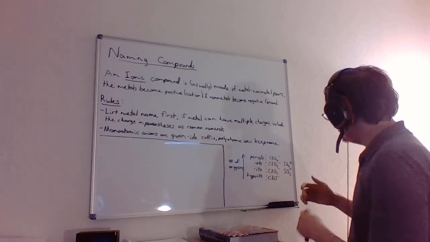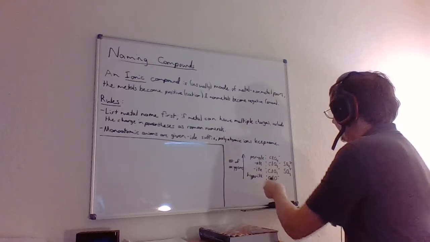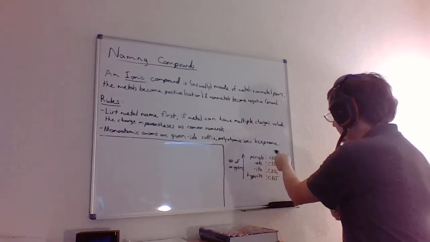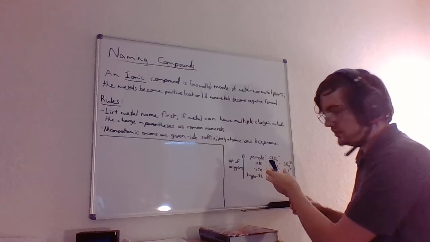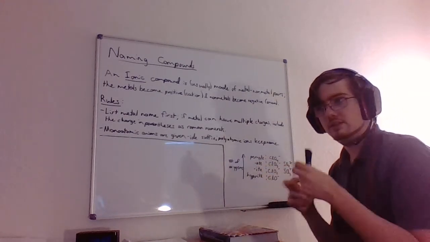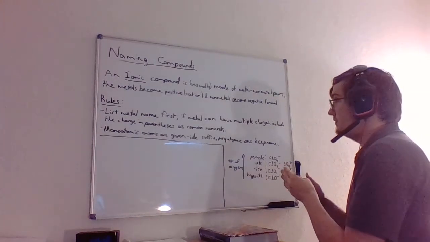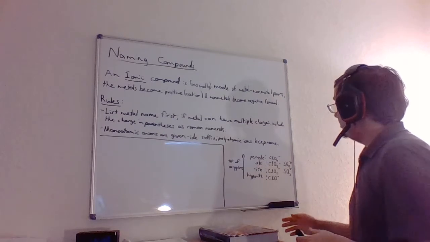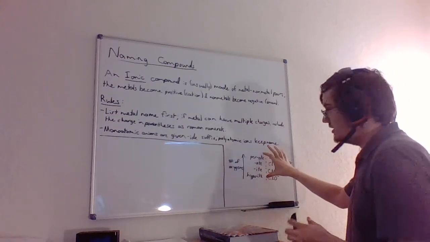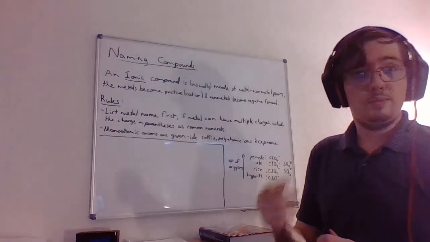So just keep in mind that if you have a different element, like in this case it's chlorine, and in this case it's sulfur, they're not necessarily going to follow the exact same pattern, but they will still use this. Okay, so now that we've gotten that out of the way, let's go through some examples.